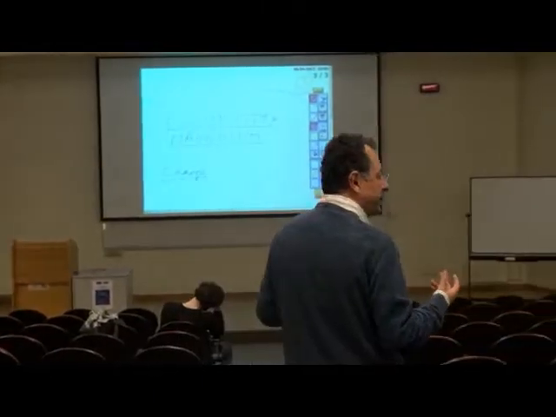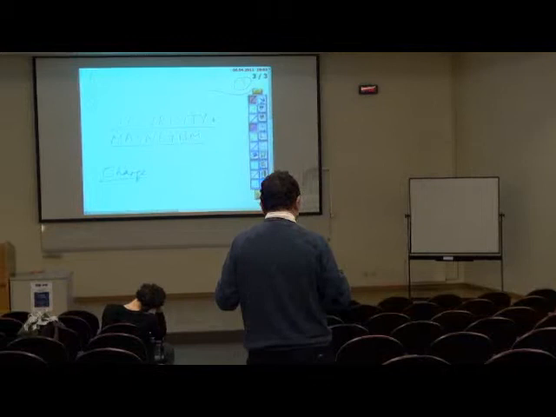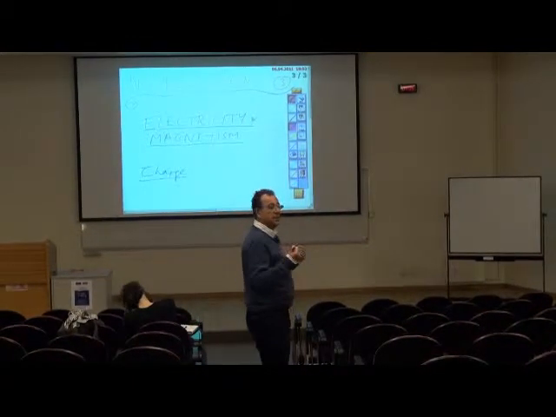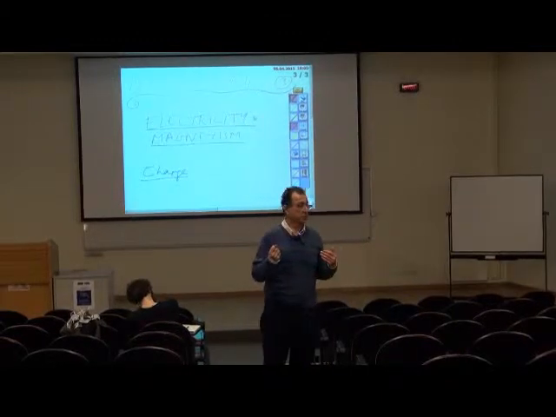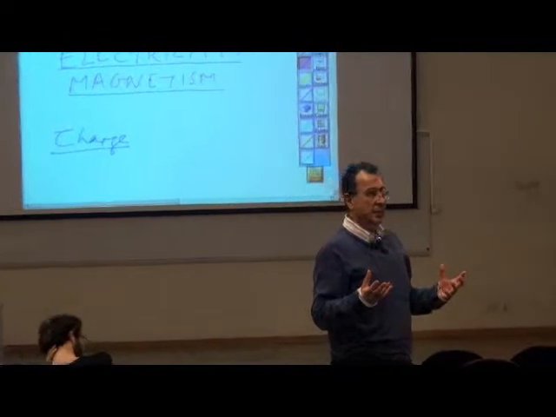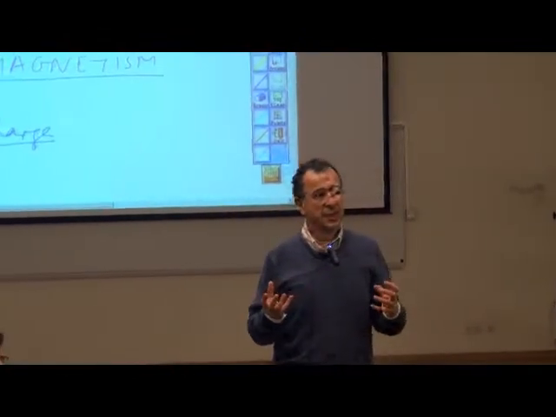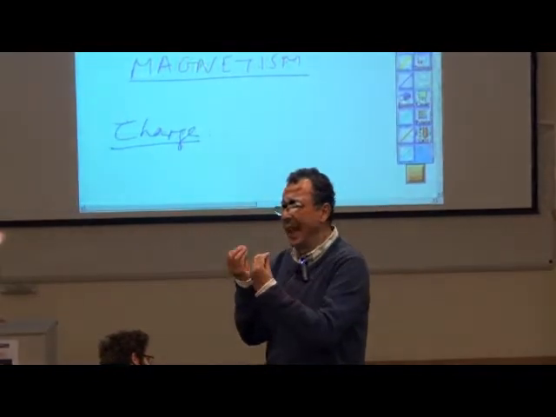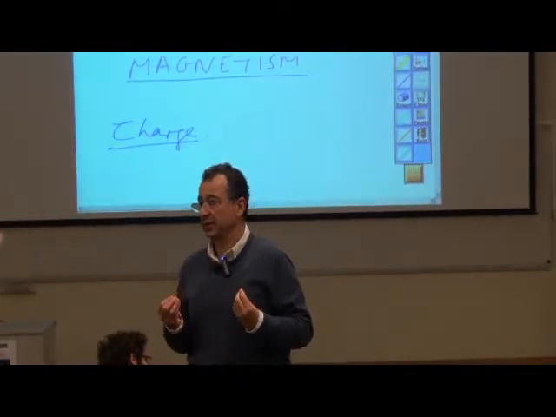And scientists, until the end of the 19th century, quite a while after physics and chemistry had developed, were not able to isolate what was the basic carrier of this charge.